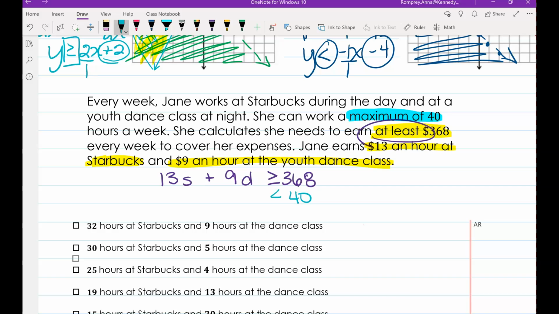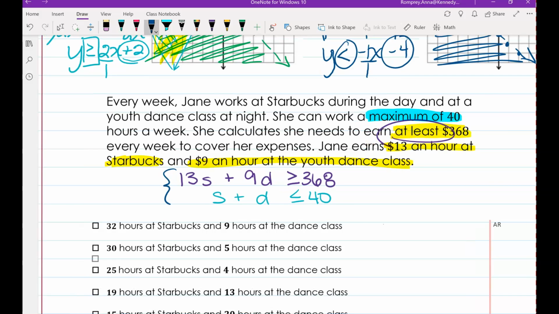So she needs to work less than 40. Can she work 40? A maximum of 40. So yes, she can actually work 40. That's okay. So less than or equal to. Now, what makes up those 40 hours? Where is she working? Starbucks and dance class. So we have now successfully set up our system. Cool beans? Okay, let's look and see.